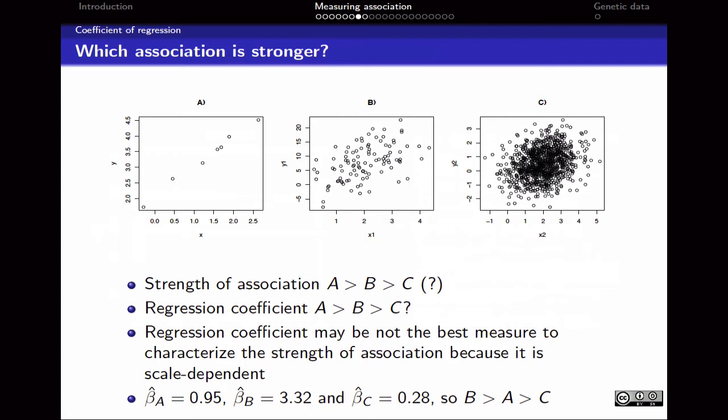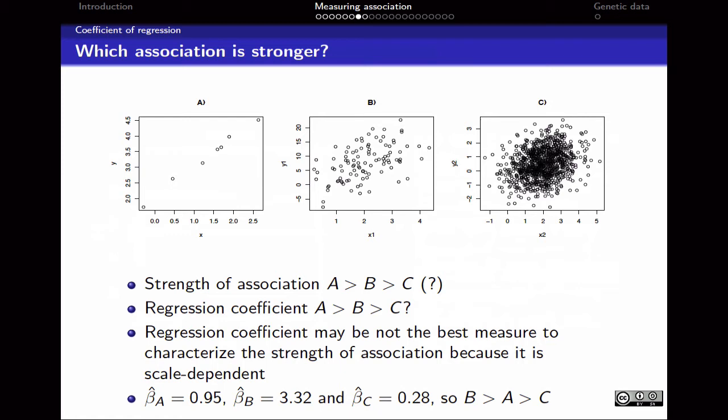Still, intuitively looking at this data, I would say that association on A is stronger in the sense that the values of x and y go very neatly together, and then I can also see the dependency between x and y on panel B, and I can hardly see it on panel C.